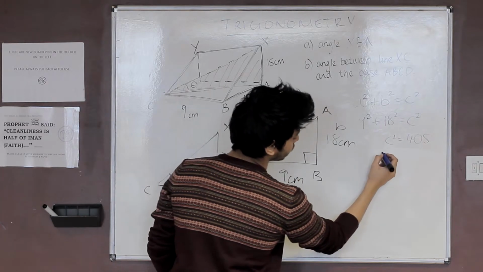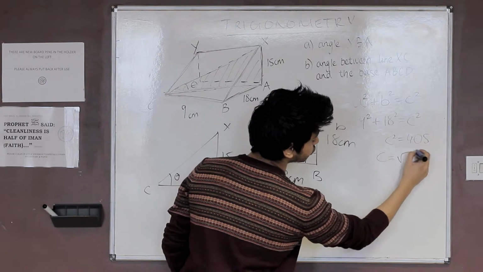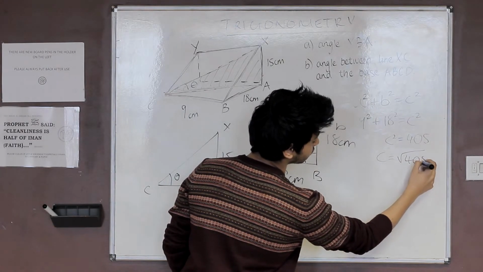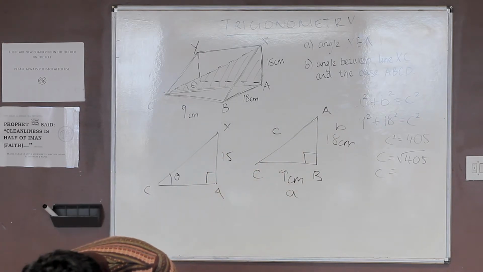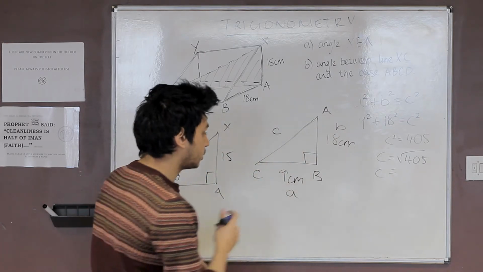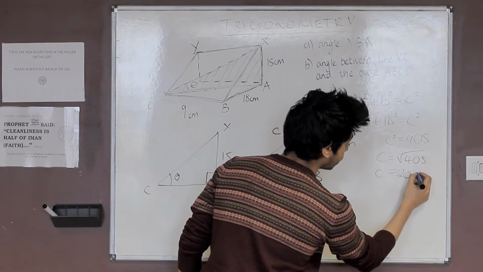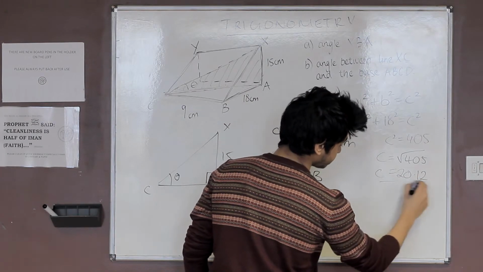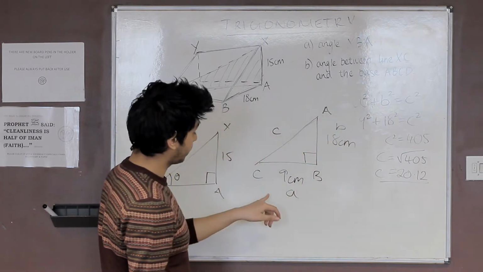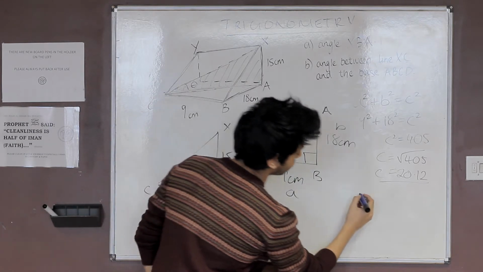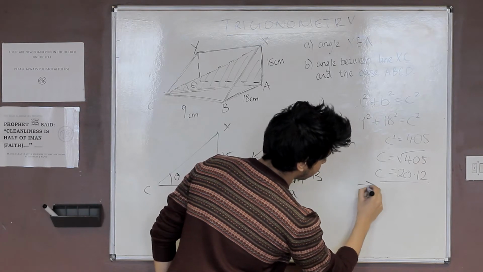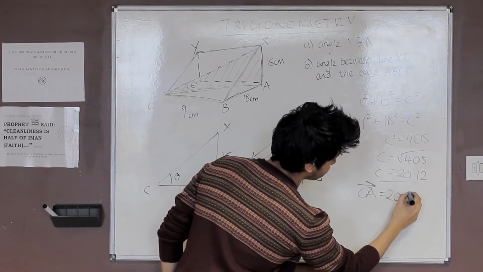If we square root both sides, we get c equals the square root of 405, which works out to be 20.12. So we now know that CA is equal to 20.12.